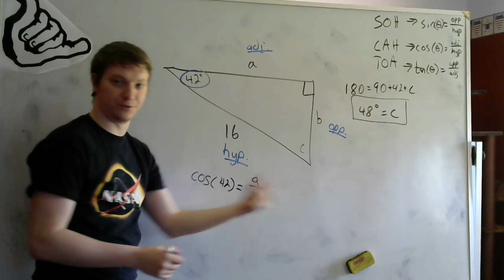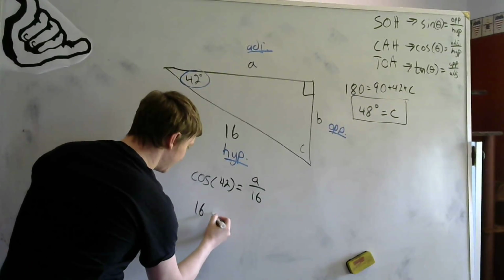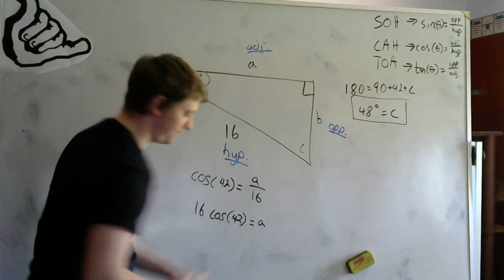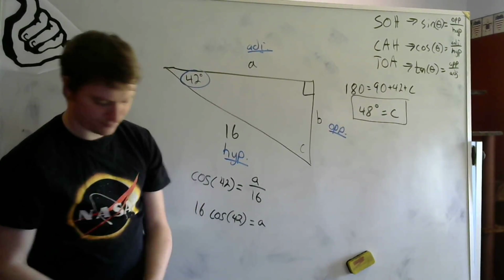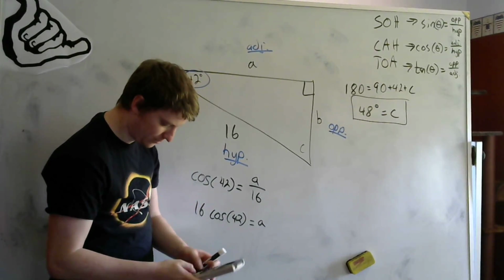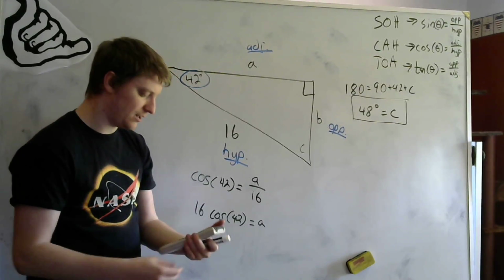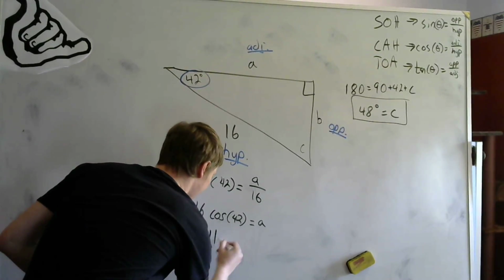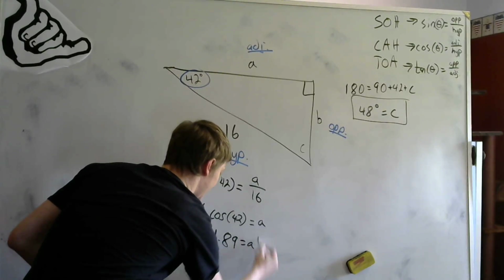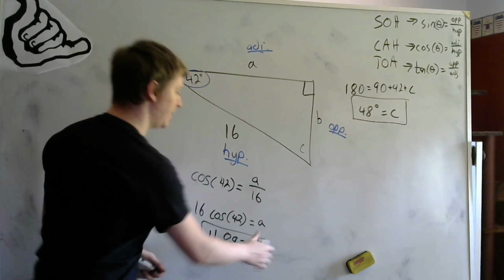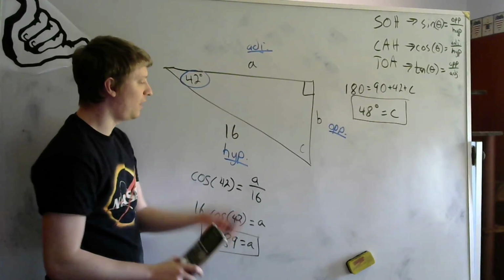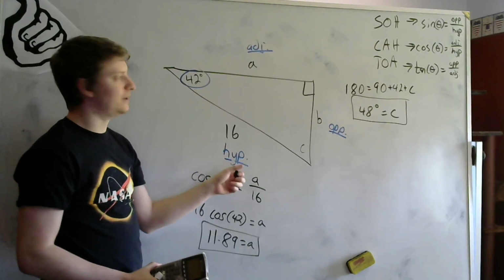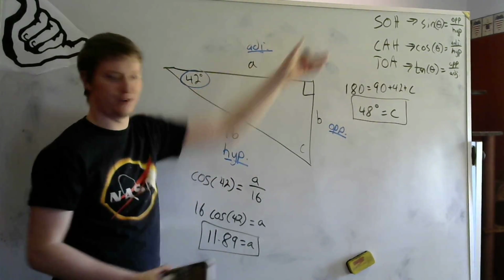Solve for A by multiplying by 16. So I've got 16 cosine 42 is equal to A. 16 times cosine of 42, 11.89. So side A is 11.89. Side B, I'm looking at opposite, and I have the hypotenuse already. So opposite and hypotenuse, that's sine.